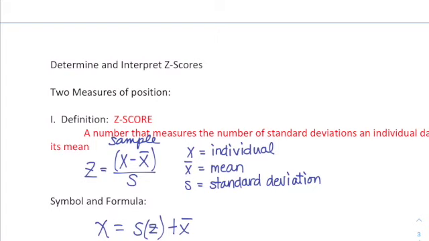Okay, so in this case, for the formula at the bottom, if you do a crisscross multiply and move the X bar, you can get the formula. And then you can see this is the individual piece of data. How do you find an individual piece of data if you are given the standard deviation, your z-score, times the standard deviation, plus whatever the mean is? Okay?